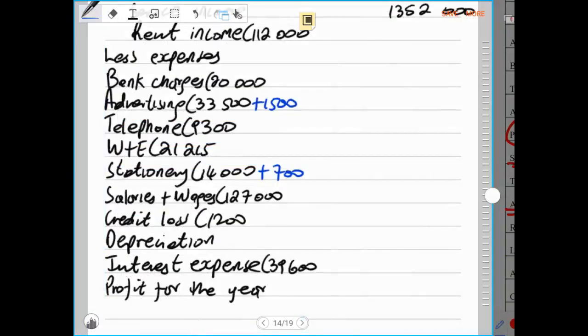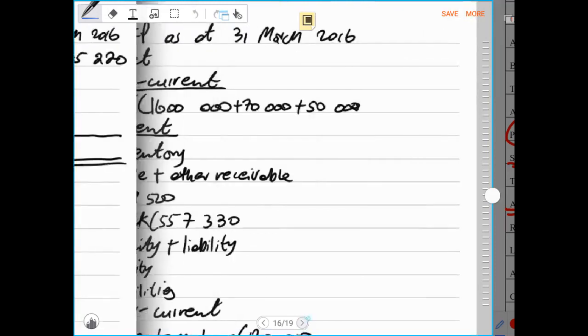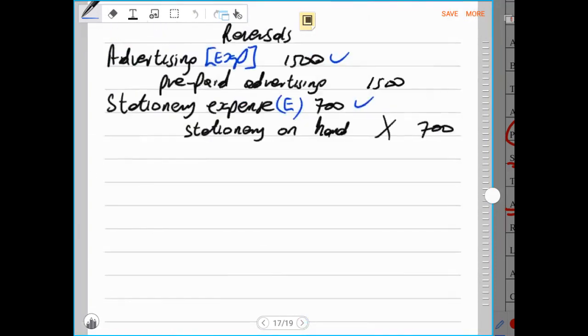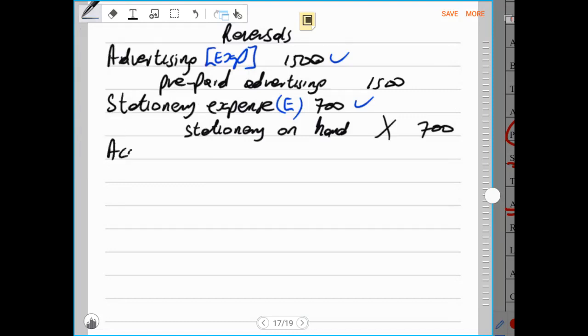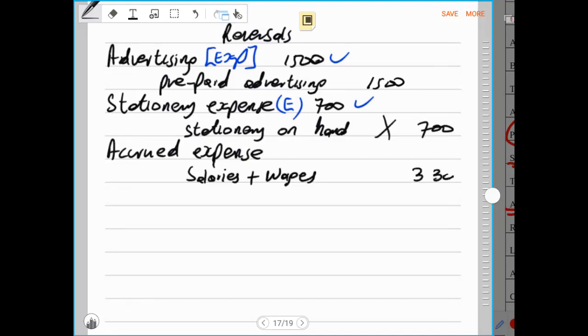We debit our accrued expense because we are cancelling the liability. Accrued expense, which is the salaries and wages. Then we credit our salaries and wages, an amount of 3,300 rands.